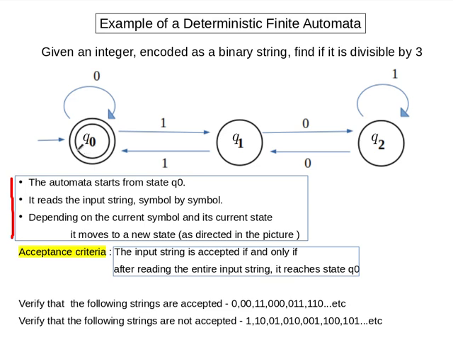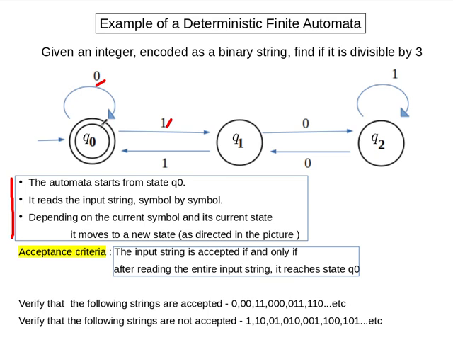So it starts with this circle Q0, and it reads input, and the input symbols are either 0 or 1. So this 0, this 1, this corresponds to the input symbol. Starting from here it reads the symbols one by one and follows these arrows accordingly, right?